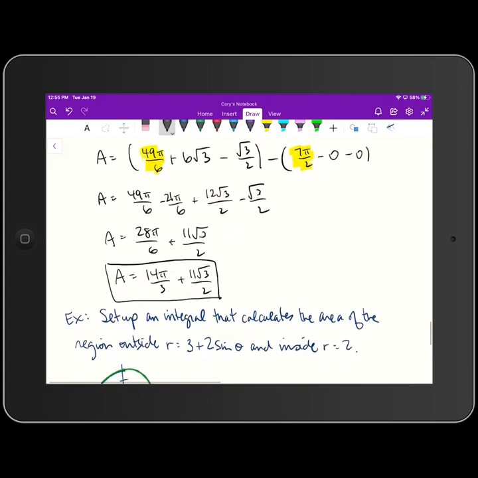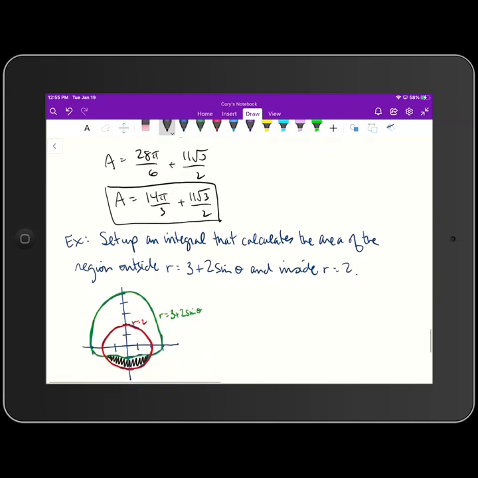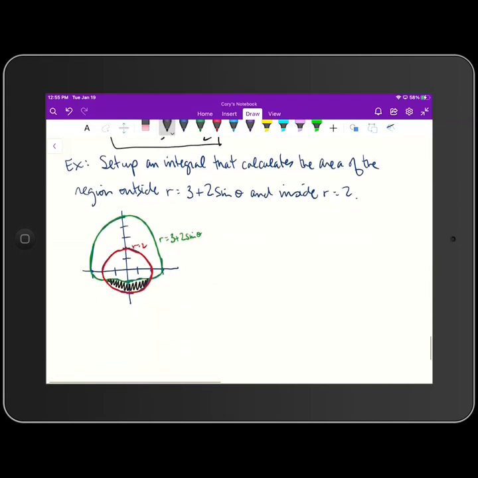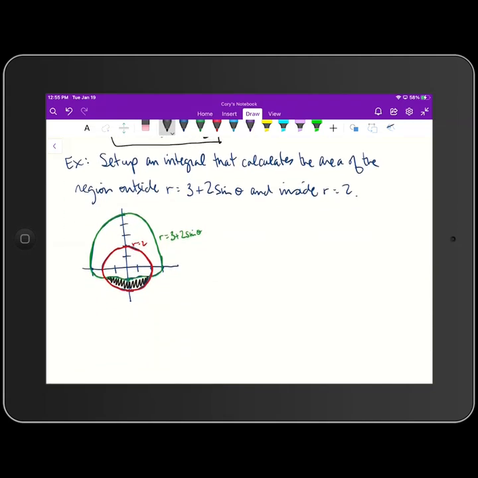Okay. So the last example I'm going to work on today asks us to set up an integral that calculates the area of the region outside r equals 3 plus 2 times the sine of theta, and inside r equals 2. So we have the same two polar curves as the previous example, but this time we are calculating a different area.